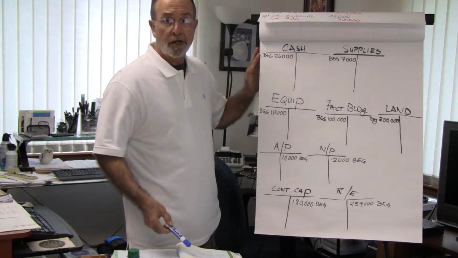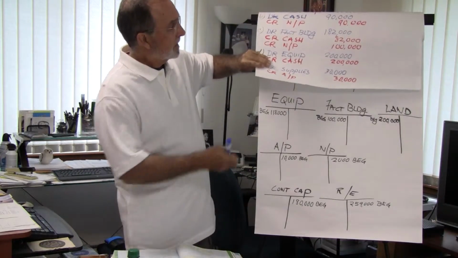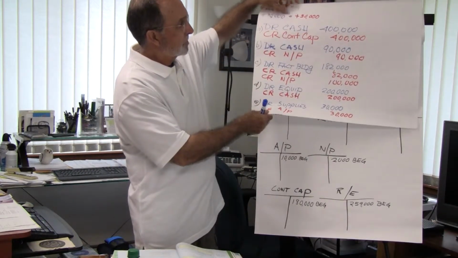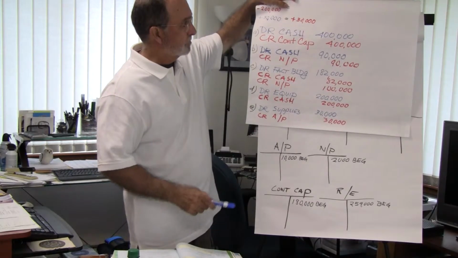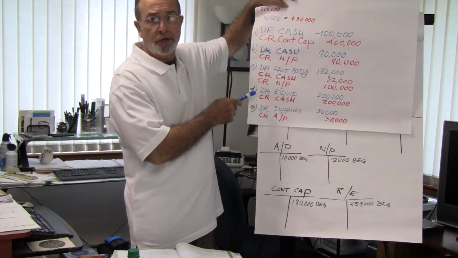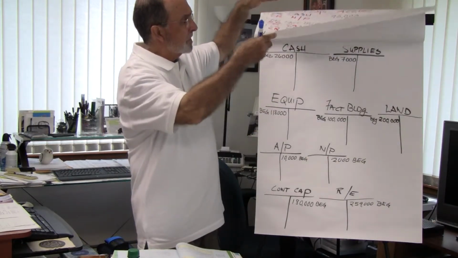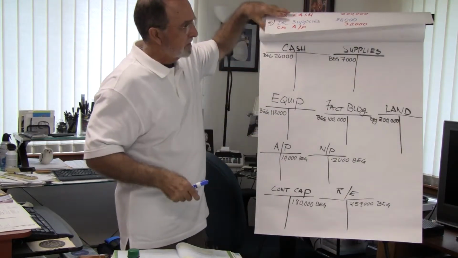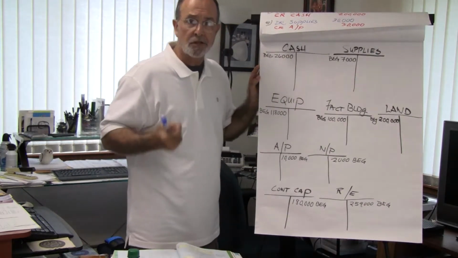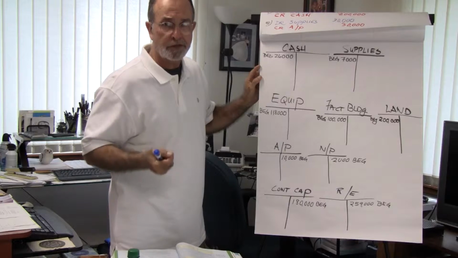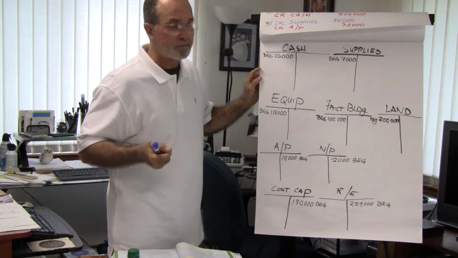So they become our beginning balances, and then our transactions, which we recorded in the previous lesson, are all recorded in the month of July. So we start out in our T accounts with our beginning July 1 balances for each of the accounts that have a balance at July 1.